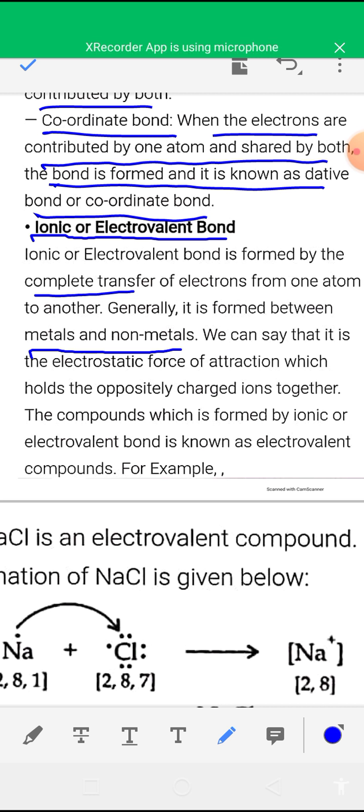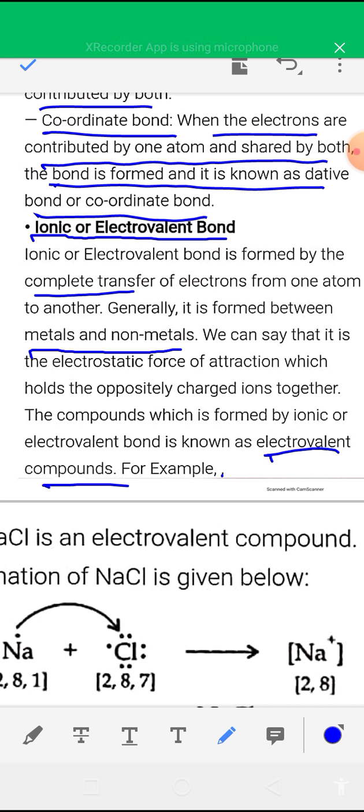Metal generally loses or transfers one or more electrons to the non-metal, and therefore the metal is converted into a positively charged cation, and the non-metal is converted into a negatively charged anion by gaining electrons. After the formation of cation and anion, due to very strong electrostatic force of attraction between them, they combine together to give ionic or electrovalent compounds.